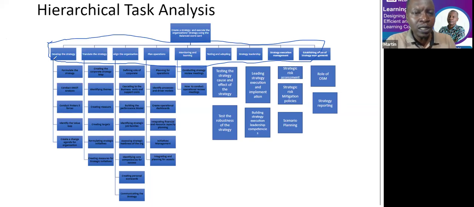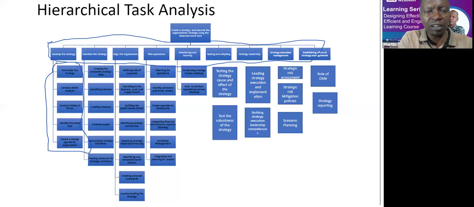Then what we have going down are your sub-skills, or sub-competencies. To be able to develop the strategy, you need to be able to formulate the strategy, conduct a SWOT analysis, conduct Porter's Five Forces, identify the value gap, and then create a change agenda.